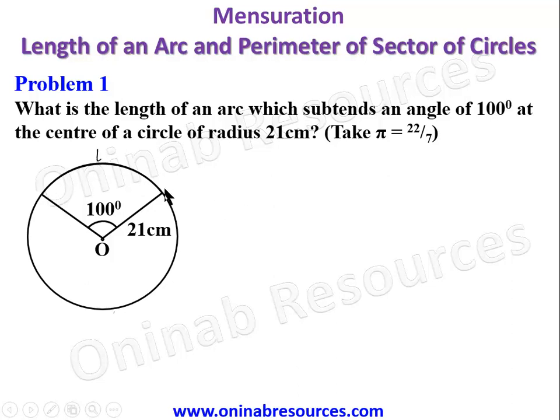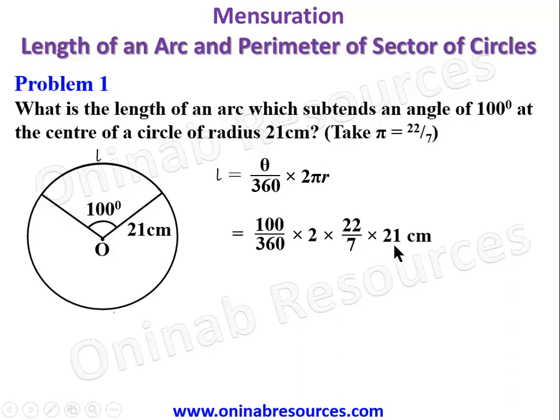So we know that L equal to theta over 360 times 2 pi r, and our theta is 100 degrees over 360 multiplied by 2 multiplied by 22 over 7 times the radius, which is 21, and 0 cancels 0.